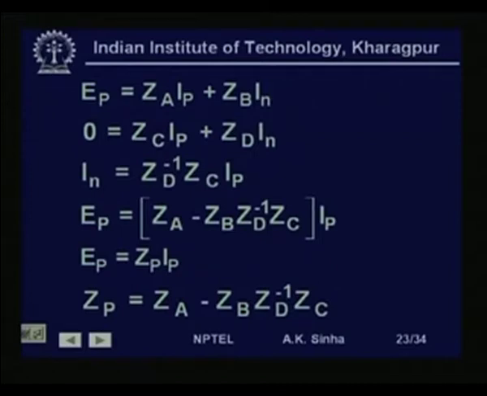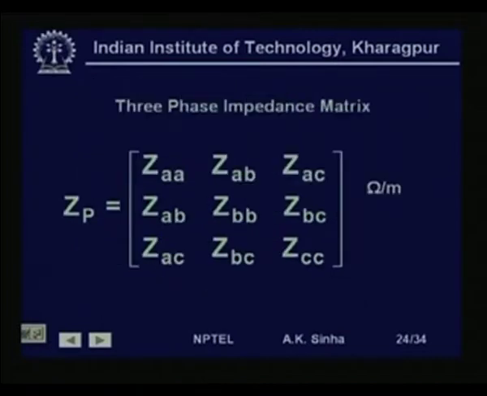So, here we are getting a relationship only for the phase conductors, Ep is equal to Zp into Ip. So, the currents flowing in the ground conductors or the ground is now eliminated, and we can now get a relationship only for the currents in the phase conductors relating the voltage drop in the phase conductors.